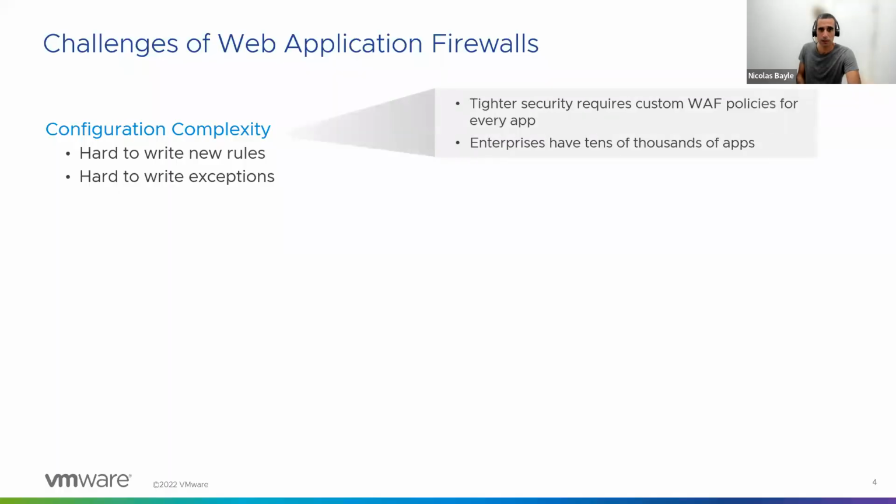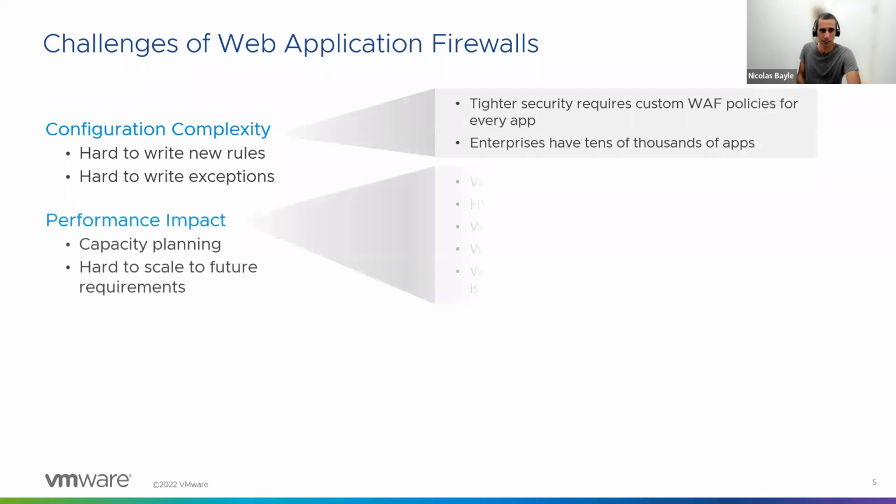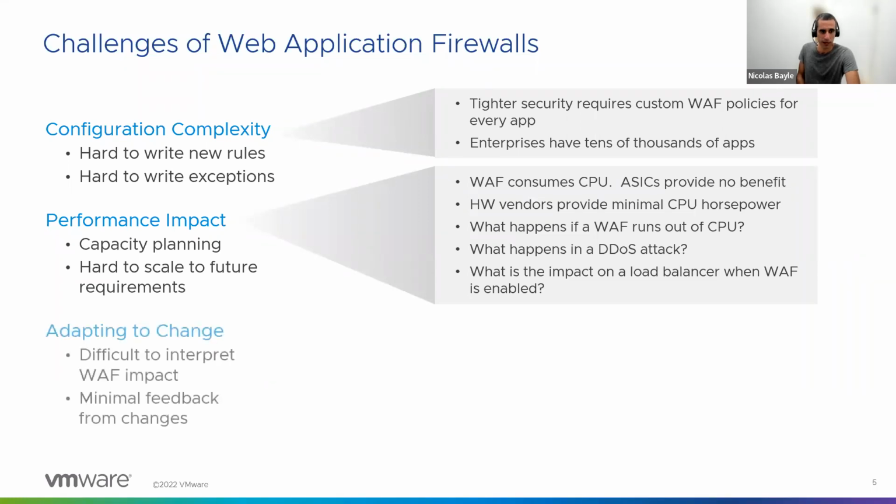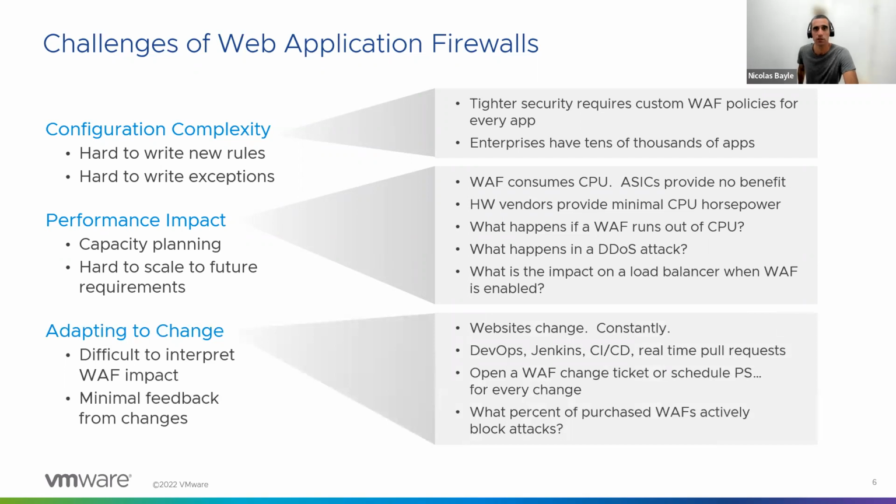So here's this slide. Basically, I will not cover it again because it's more or less the same, right? It's about configuration complexity, performance impact, and also how you can adapt to change. The last point here at the bottom of the slide is quite important because applications are changing quite a lot, especially with those new methodologies, agile, CI/CD, all the DevOps things that you know.